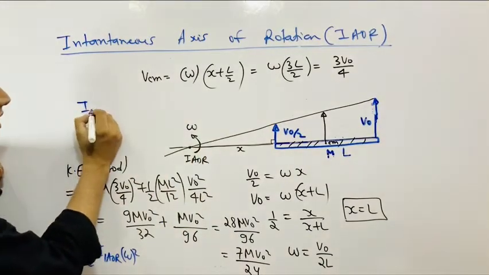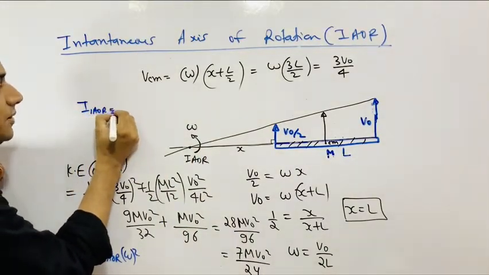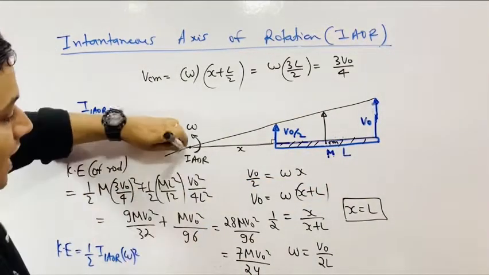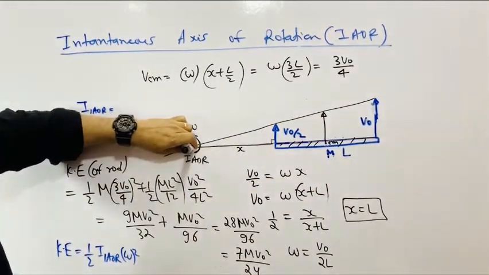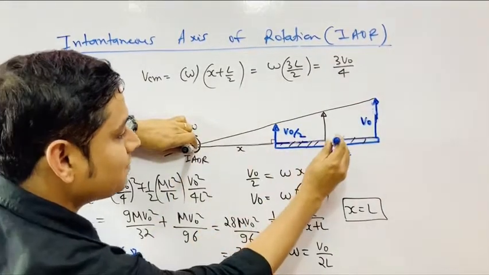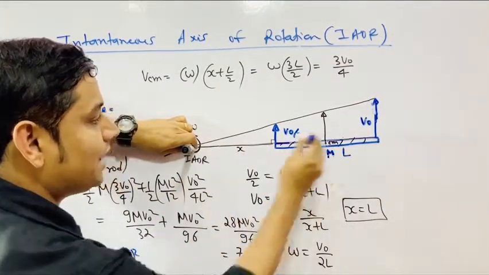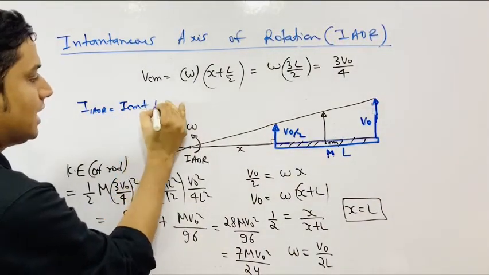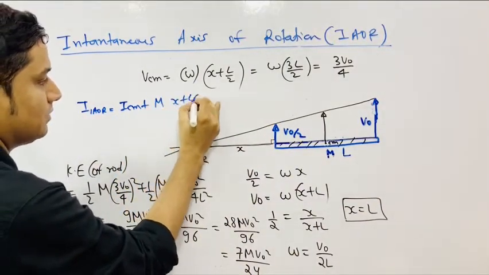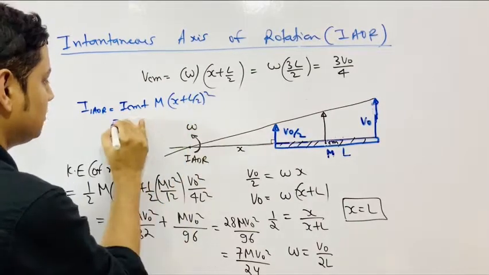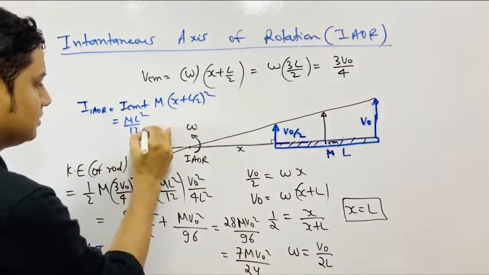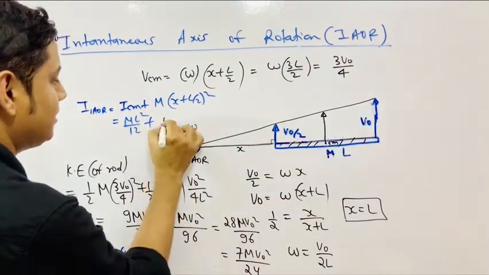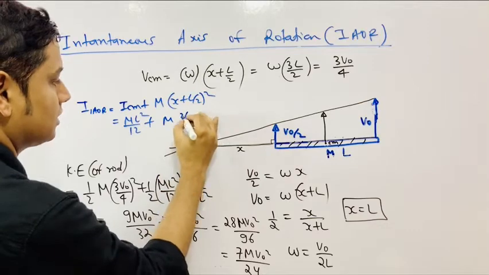I about the instantaneous axis of rotation would be equal to ICM. I first take an axis parallel to this passing through the center of mass and apply the parallel axis theorem. So that would be ICM plus m into x plus L by 2 square, which is ml square by 12 about this axis plus m into 3L by 2 whole square.